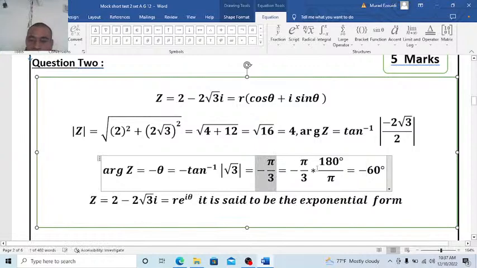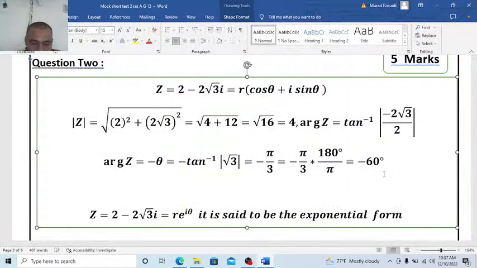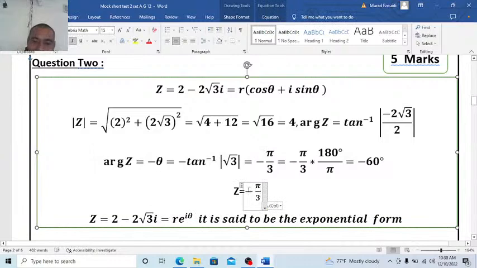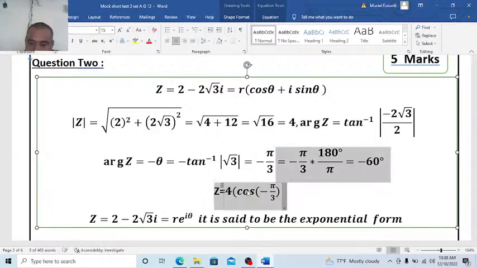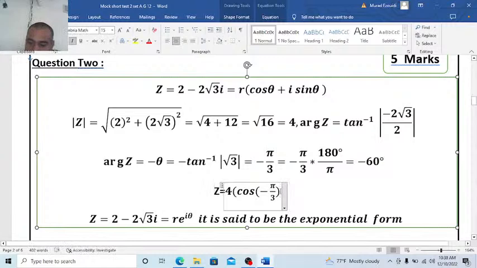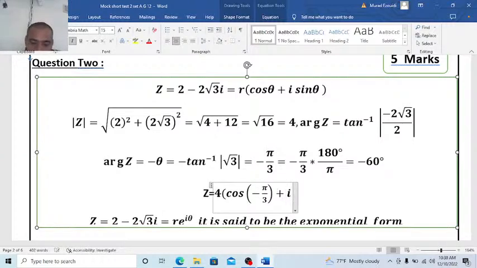So the complex number z is equal to what? r is 4, as we said, times cosine of my angle, negative pi over 3, plus i sine of the angle in parentheses.